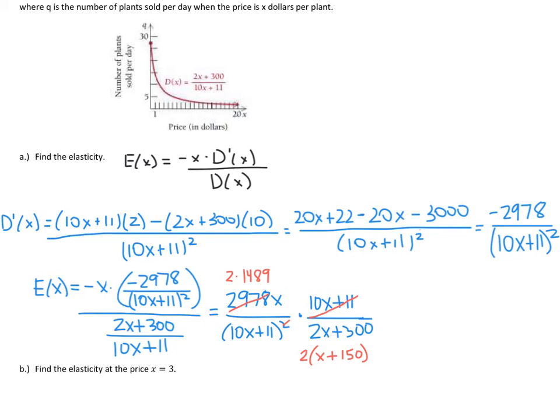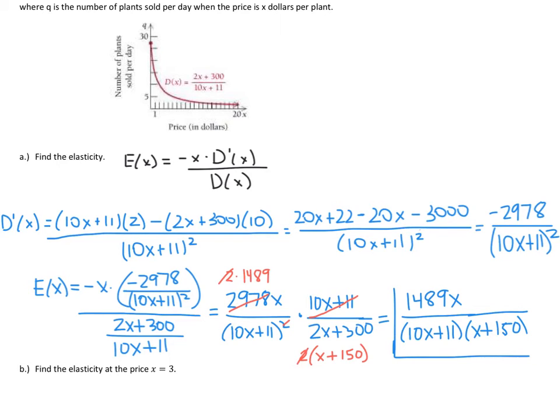So now this 2 in the numerator cancels out with the 2 in the denominator. So this simplifies quite a bit. What we're left with is 1,489x in the numerator, and in the denominator we have (10x + 11) times (x + 150). Alright, so there is our elasticity of demand function.